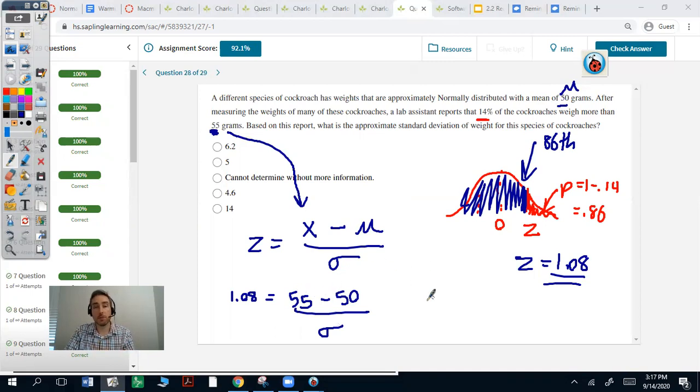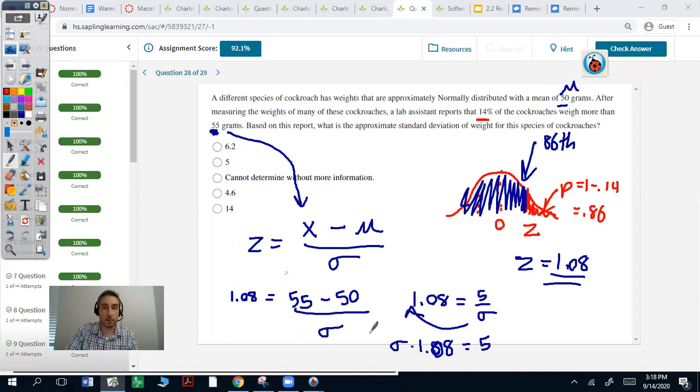So let's do a little bit of solving. Multiply this up here. So this times 1.08 equals 5. And then we can divide by 1.08.